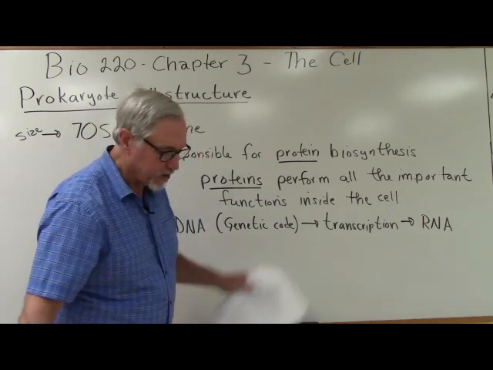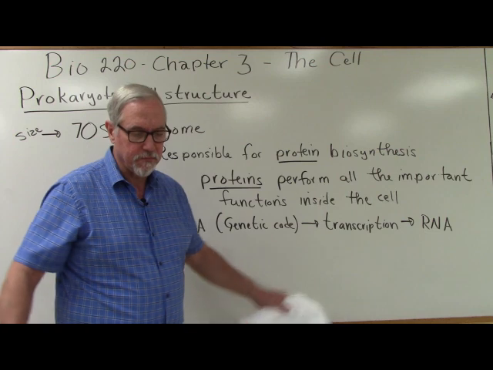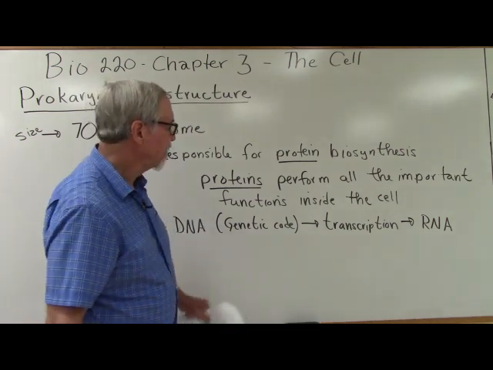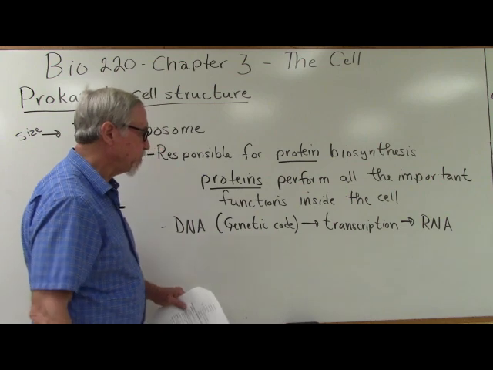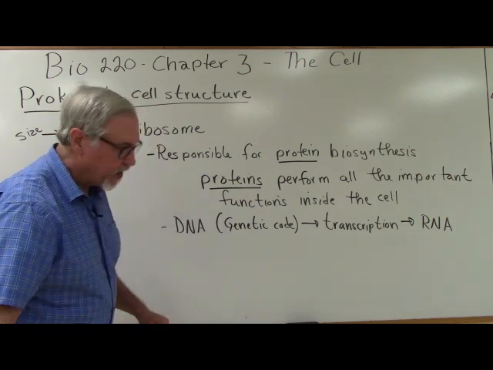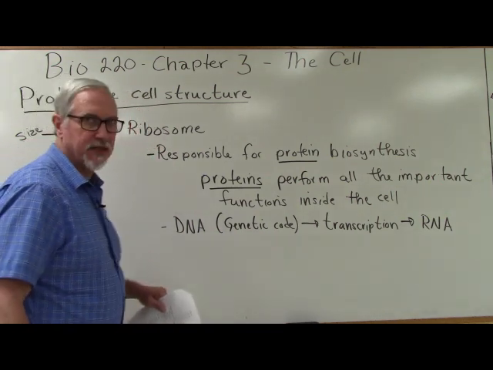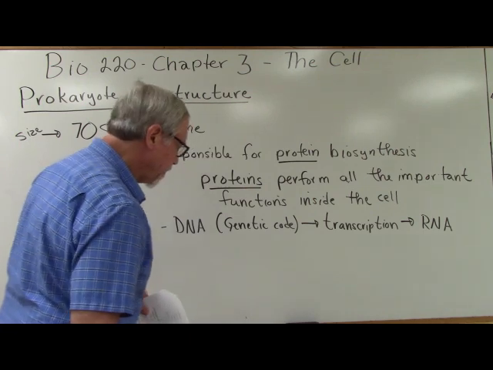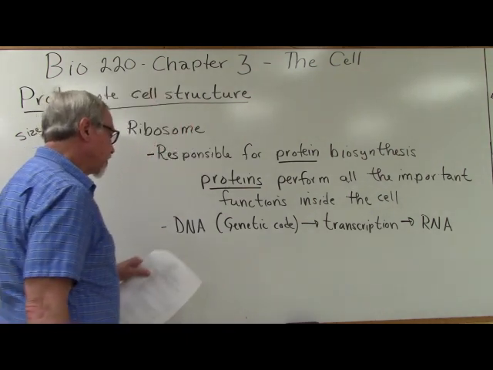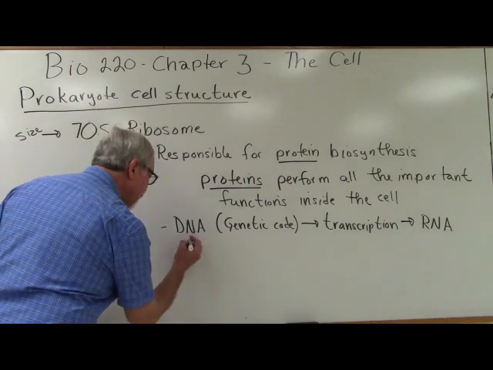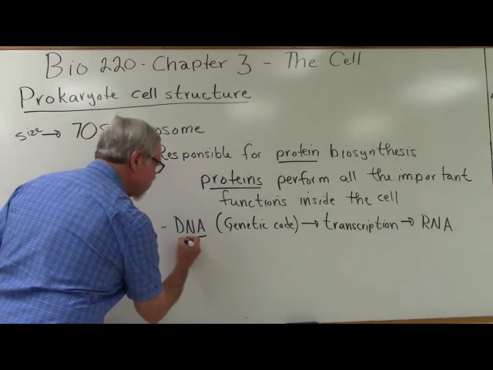Sometimes genetic code is off by a little bit, and so then you have a variation of a particular protein that's made, and of course that's how we have some genetic diseases like cystic fibrosis and sickle cell anemia. But anyway, so getting back to this, we start out with DNA, which is genetic code.